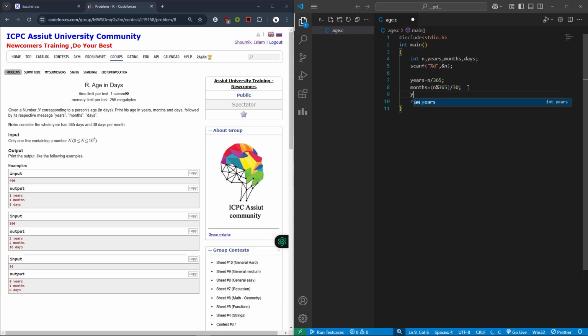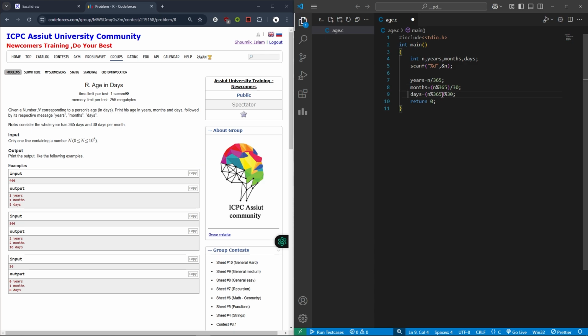Now we calculate how many days are left. It's essentially exactly the same as this, just now we modulo with 30. What this modulo does is calculate how many days are left after calculating the years, and then dividing it by 30 gets us how many months there are.